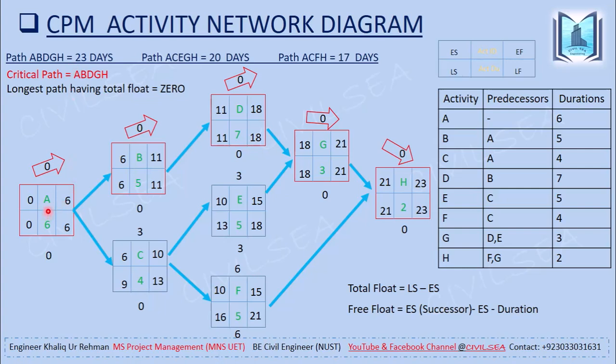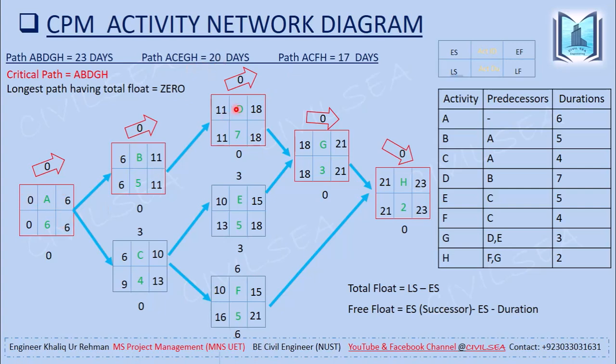So check another path: A, C, E, G, and H. There are floats here. In activity C there is a total float of 3 days. In activity E there is also a total float of 3 days. So in this path the activities have float and the duration also becomes less, 20 days.